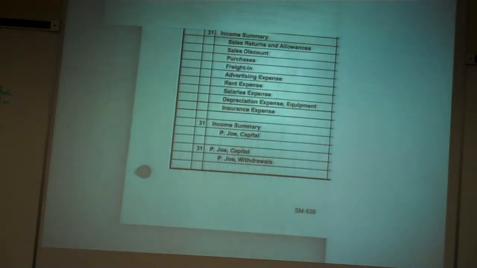And then let's list those accounts that have a debit balance. I think mine are listed in order. Sales returns and allowances, sales discount, purchases, freight in, and then the expenses. And then we have the 2 expenses down at the bottom below the total.